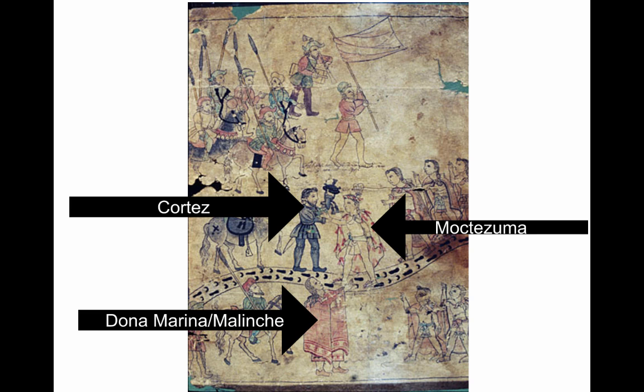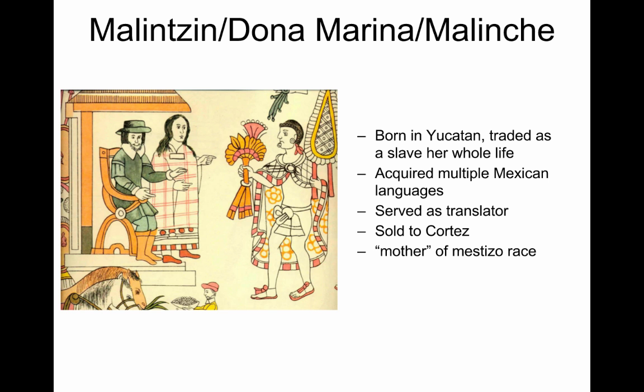And she is so important in leading these negotiations between the Spanish and the other Native American tribes who had been conquered by the Aztecs, who eventually side with the Spanish and aid in the war against the Aztecs. To me, she's a really interesting figure, highlighting how messy this moment in history is.